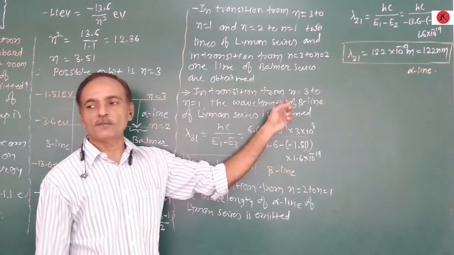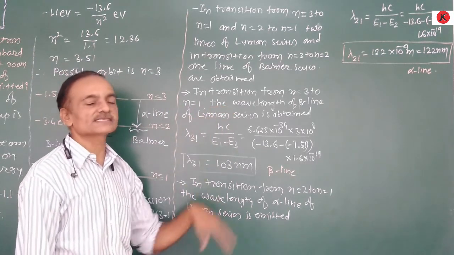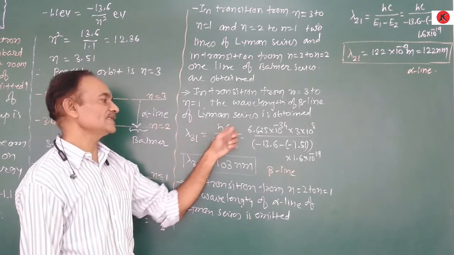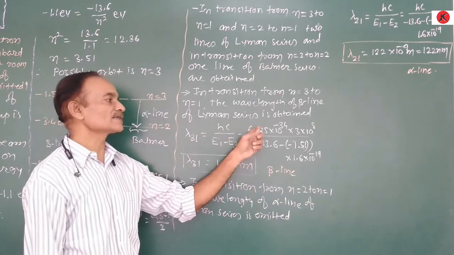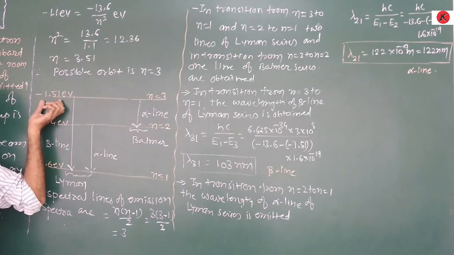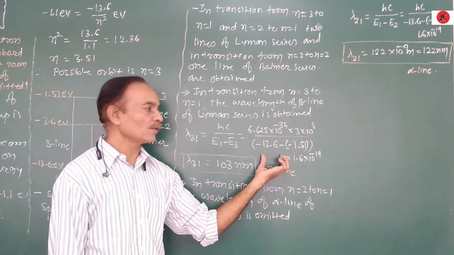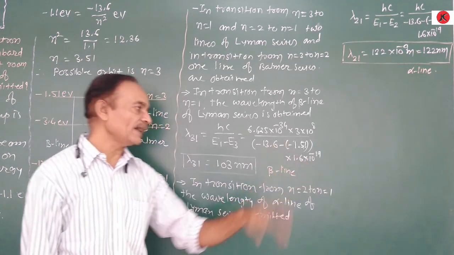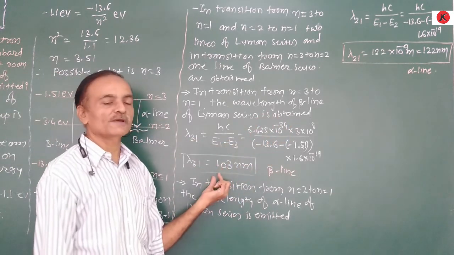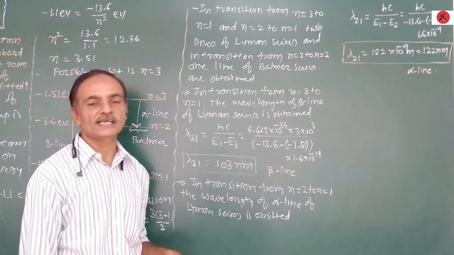Now in transition from n equal to 3 to n equal to 1, the wavelength of the beta line of the Lyman series is emitted. Therefore, lambda 31 is hc upon E1 minus E3, where h is Planck's constant and c the velocity of light. E1 is minus 13.6, E3 is minus 1.5. The denominator term is in electron volt, so we convert into joule by multiplying with 1.6 into 10 raised to minus 19. If we simplify this, we obtain 103 into 10 raised to minus 9, that means 103 nanometer.